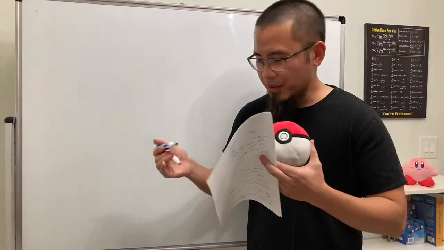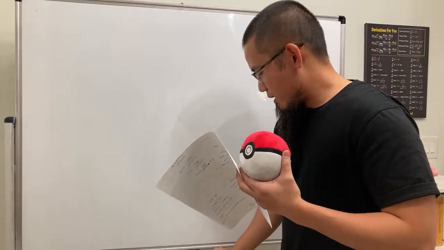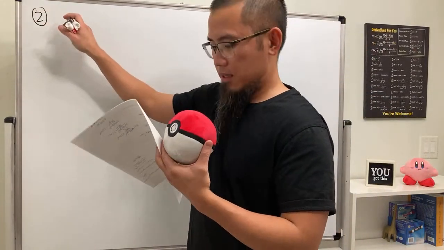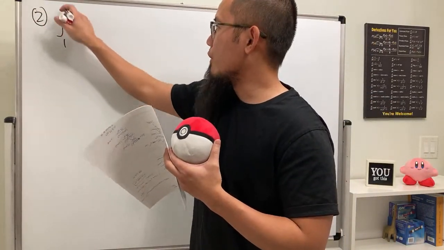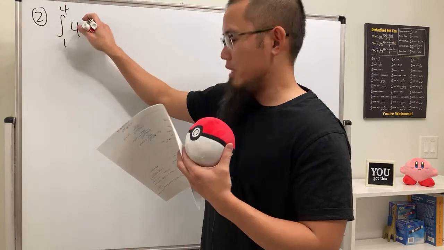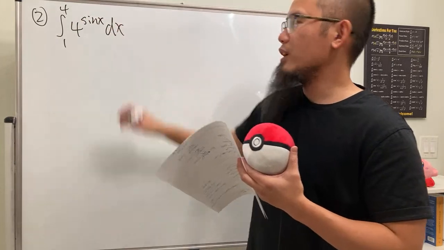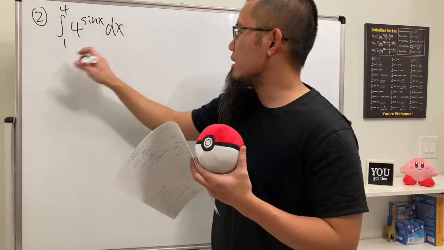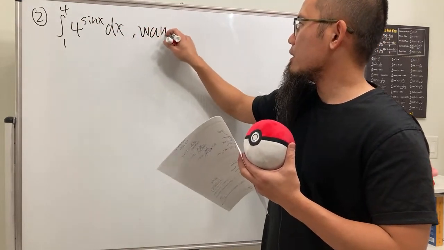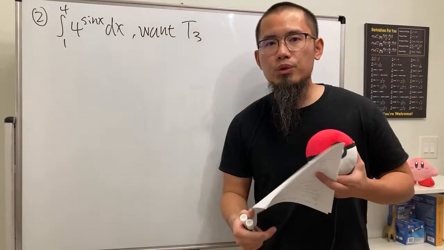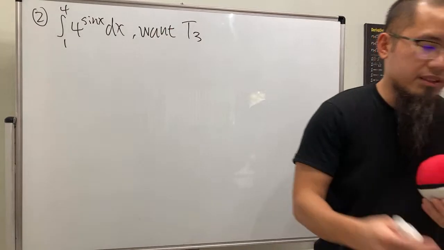So, for number 2, we'll just do a really straightforward computation. We have an integral going from 1 to 4, and then we have 4 to the sine x power. It's impossible for you guys to actually integrate this, but we want T3, meaning that we want to use the trapezoidal rule when n is equal to 3.